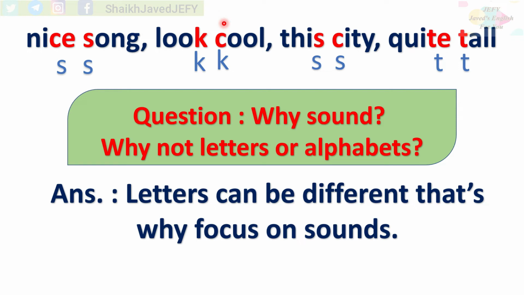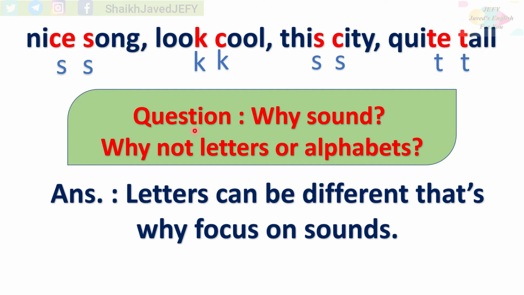In the next example, this word ends in S while this one begins with C. But we have to focus on sounds, so we can link these two words. We can say this city, like that, and quite tall. We can link these two words just by saying quite tall, like that.